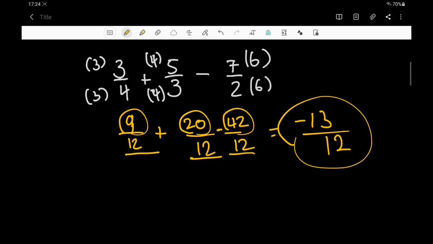So go ahead and try this example. 8 over 5 minus 2 over 3 plus 9 over 4. So go ahead and add these 3 fractions.